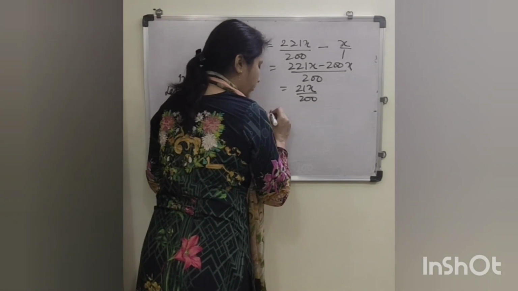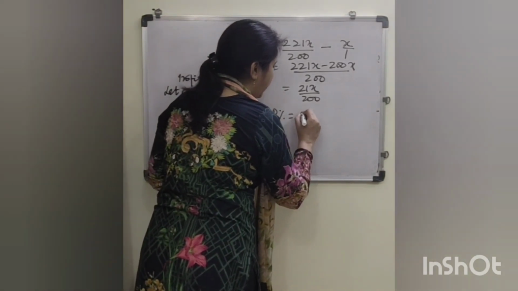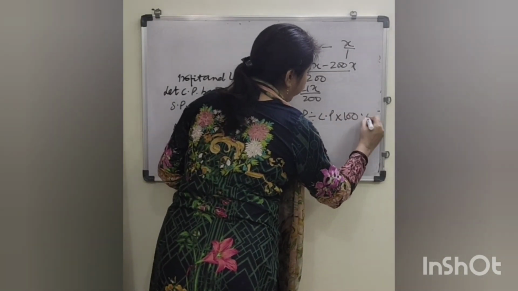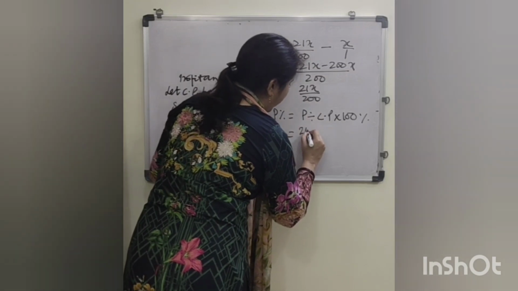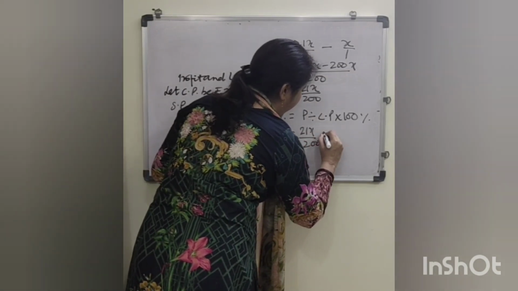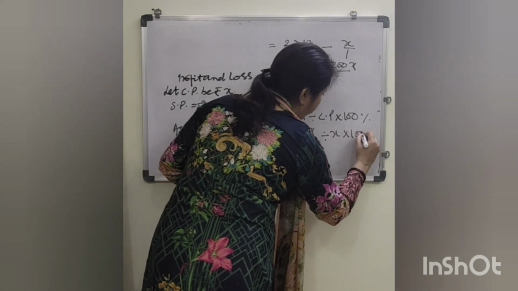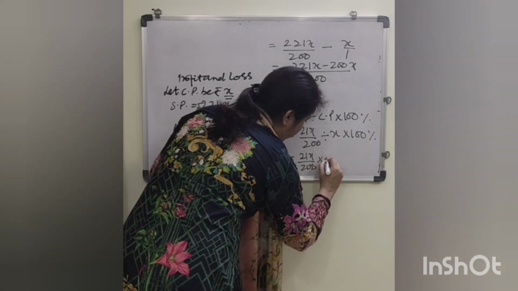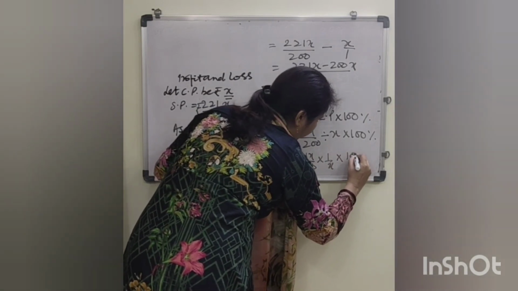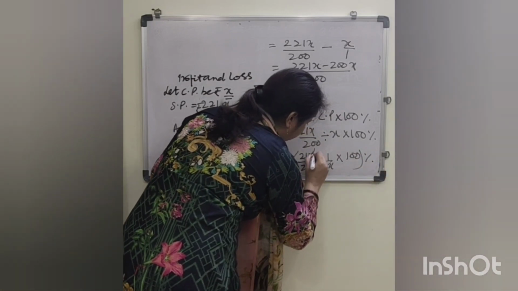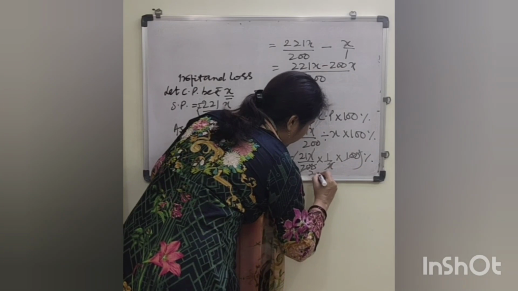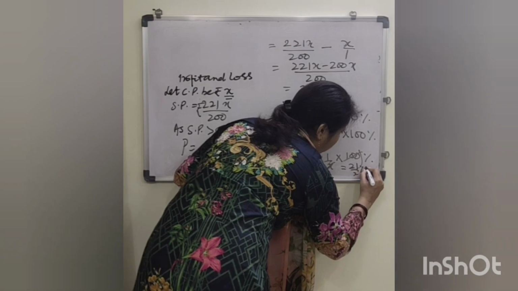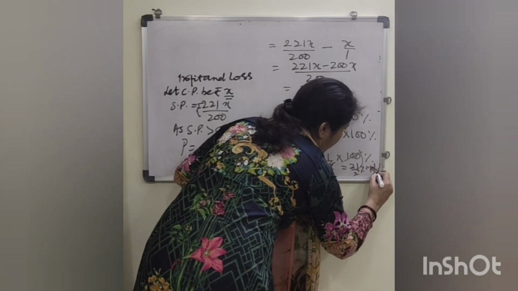So we will simply write the formula: P divided by CP multiplied by 100%. So your P is 21x over 200 divided by x multiplied by 100%. Let's simplify, x cancelled by x. So your profit percent is 21 over 2% or 10 whole 1 by 2%.